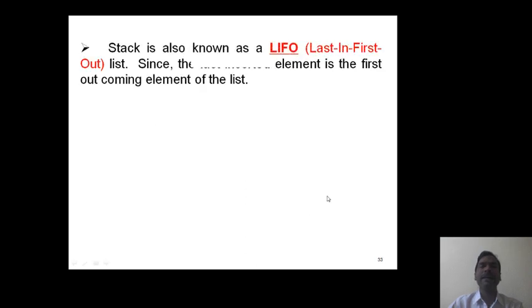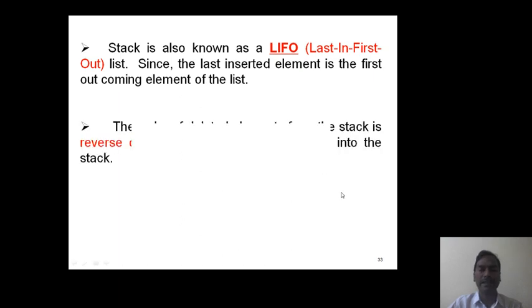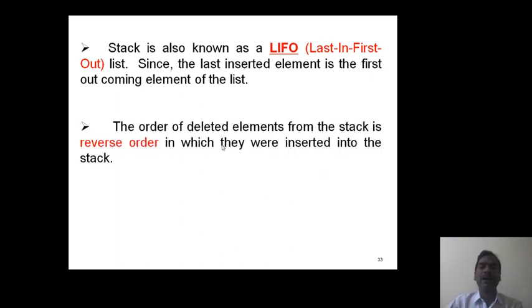Hence, a stack is also known as LIFO list, last in first out list. So in stack data structure, the order of deleted elements is the reverse order in which they were entered into the stack. Hence, stack is also referred to as LIFO list.